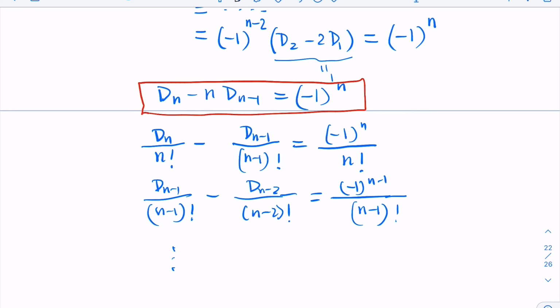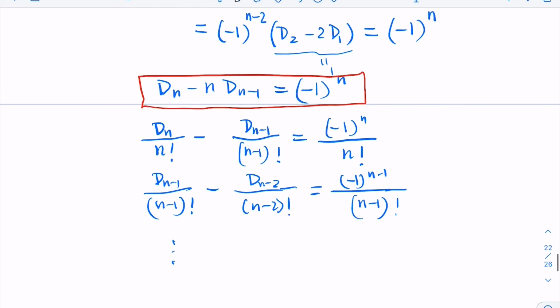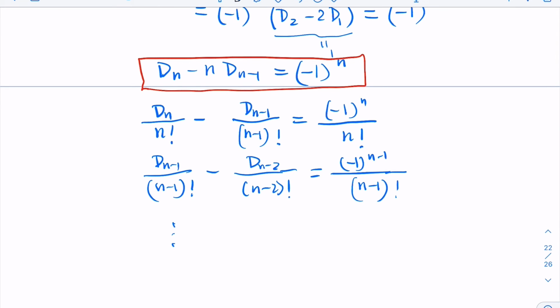And then until you have another one towards the end, what we want to do is we have d2 over 2 factorial minus d1 over 1 factorial. That's equal to, and n equal 2, right?